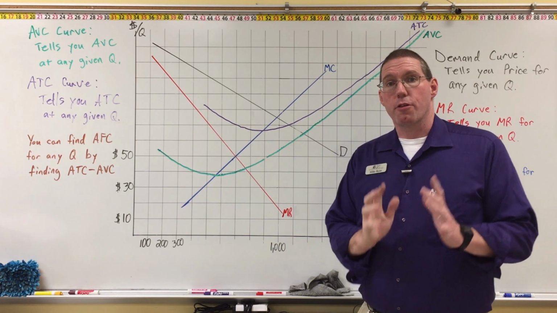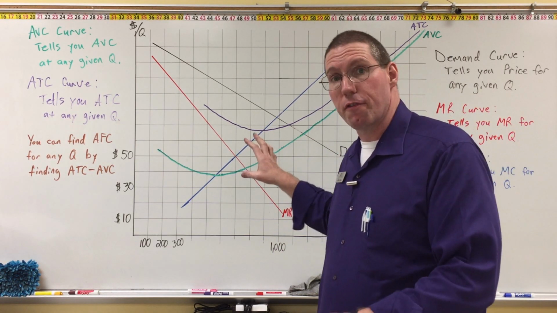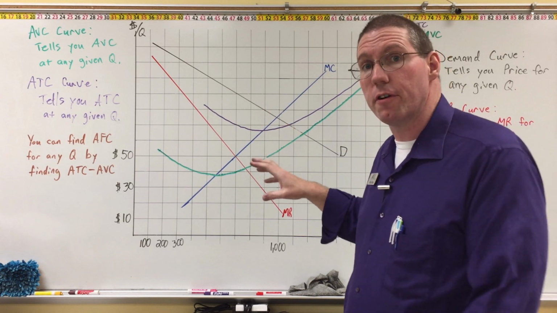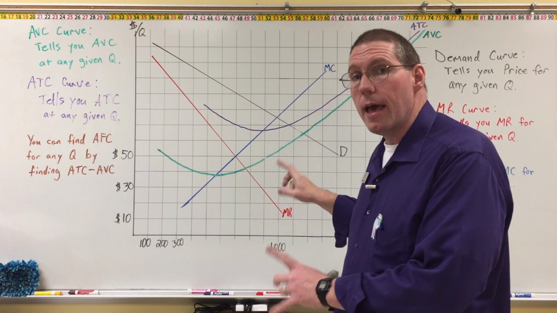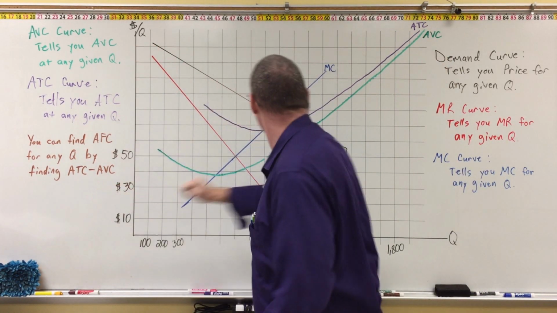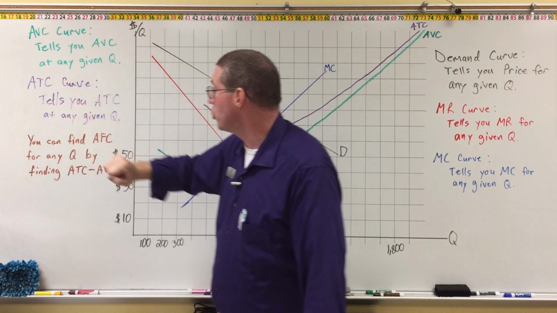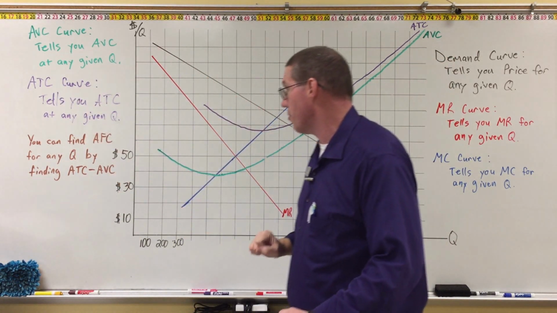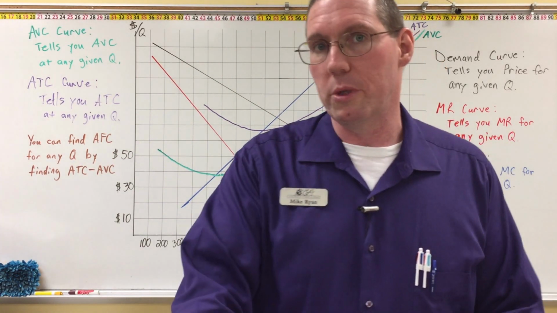All right, so now what I want you to do is we're going to look at a few examples of different sets of graphs for different companies and different situations that these companies are in. And I want you to identify these 6 values: price, marginal revenue, marginal cost, average variable cost, average total cost, and average fixed cost for some given quantity that I am going to give you.